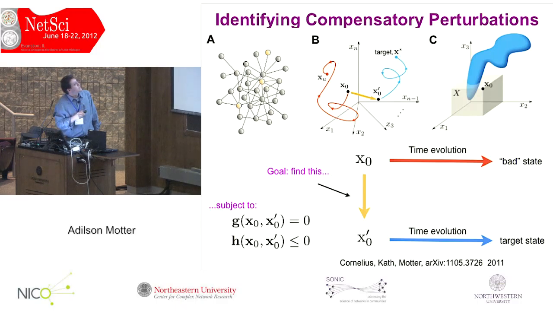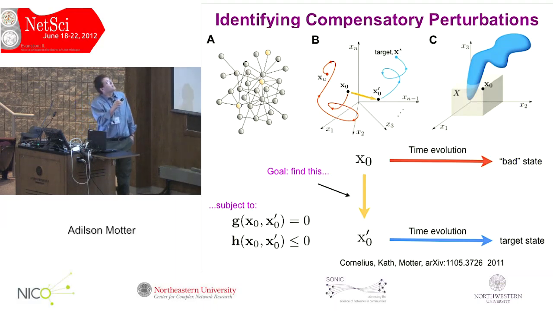So you have a network which happens to be in a state that will converge to a bad state. Okay? That's the evolution here, bad state. So this is the network representation. This is the phase space representation of the same system. And you want to find a perturbation that under certain constraints would bring you to the basin of attraction of a good state. So once you do that, the system evolves spontaneously to the good state.